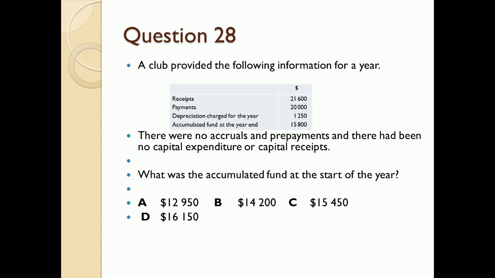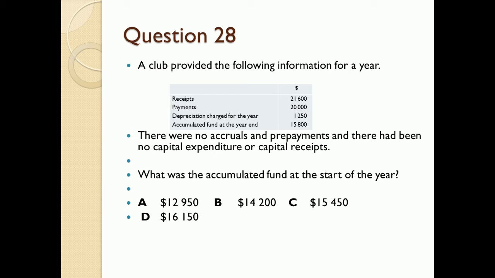So boys, next there is no capital expenditure or capital receipts. Meaning all the receipts are purely revenue receipts, reflecting your incomes, and all the payments show your expenses for the year.